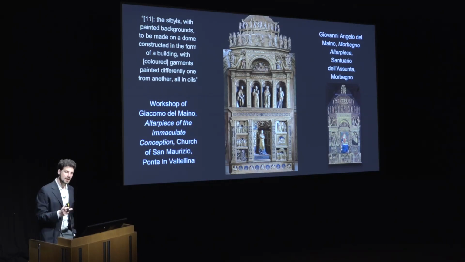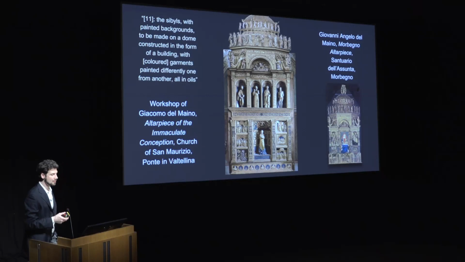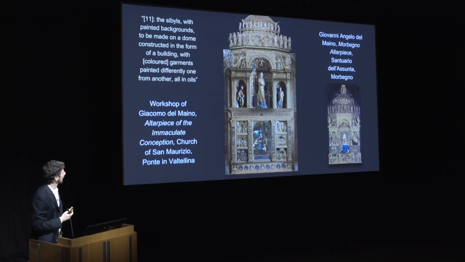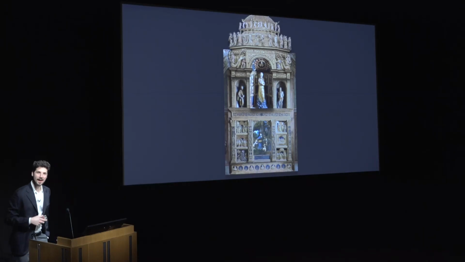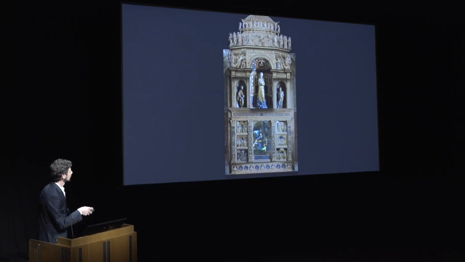But if we read the document again, we discover there's something else. The sculpture of the Virgin, the kneeling Virgin by Del Maino, was actually in the top tier. So let's move it. And the Virgin of the Rocks is supposed to be there.